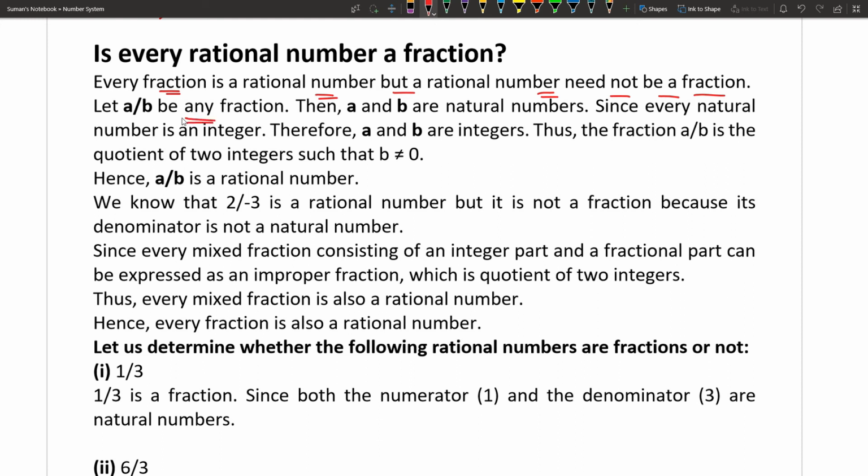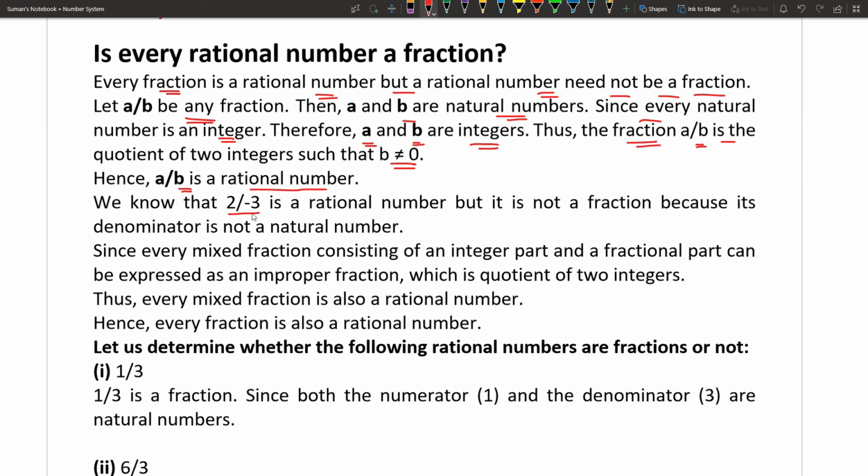Let A by B be any fraction, then A and B are natural numbers. Since every natural number is an integer, therefore A and B are also integers. Thus the fraction A by B is the quotient of two integers such that B is not equal to 0. Hence A by B is a rational number.